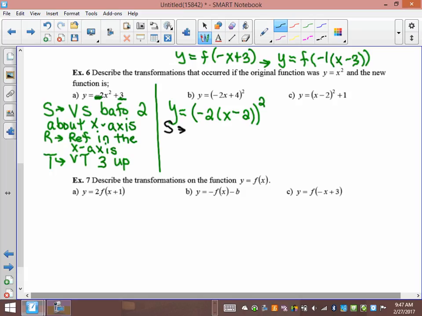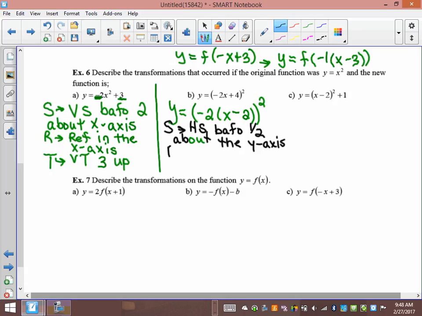So we have a horizontal stretch by a factor of 1/2 about the y-axis. We kind of disregard the square, because that didn't change. It was squared here, it's squared here.